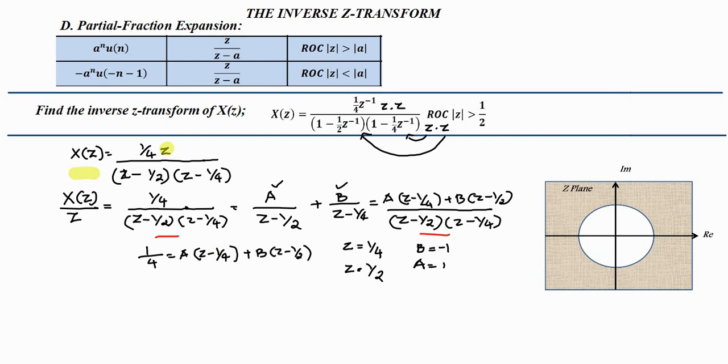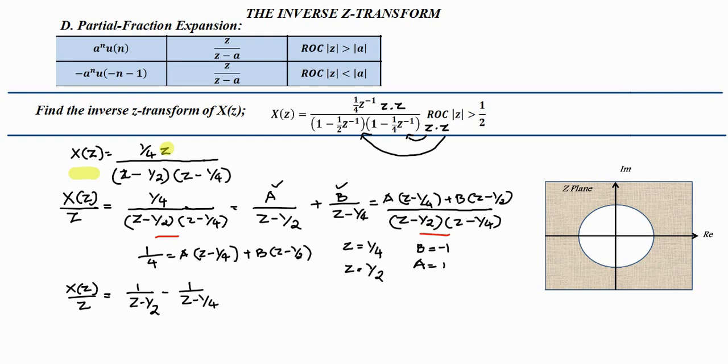Now we can substitute. X of z by z is equal to 1 by z minus 1 by 2 minus 1 by z minus 1 by 4.